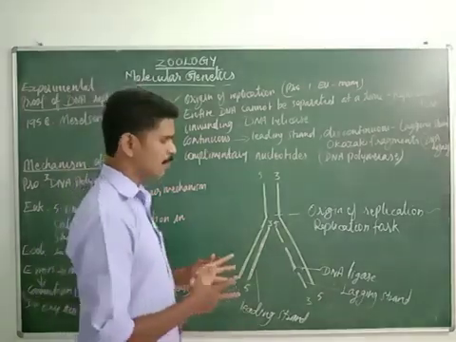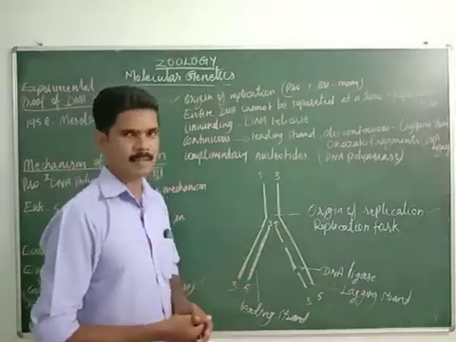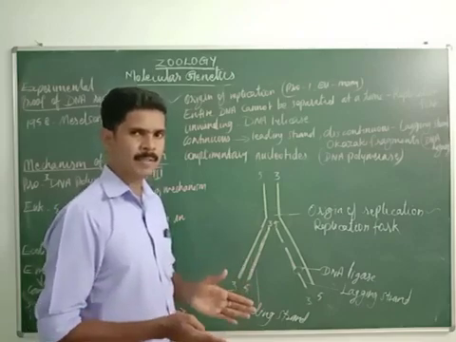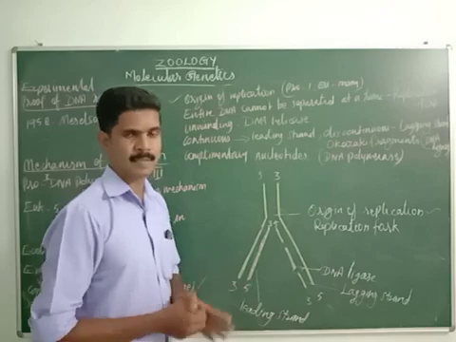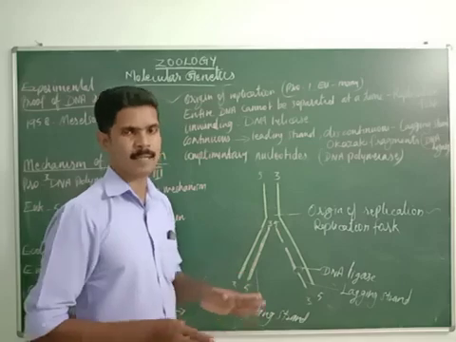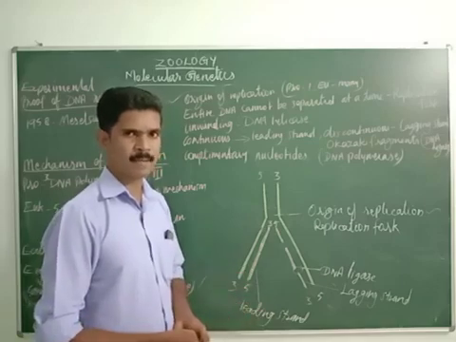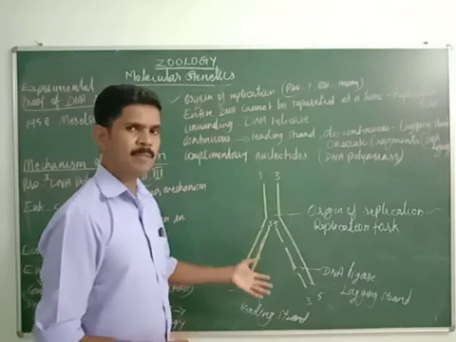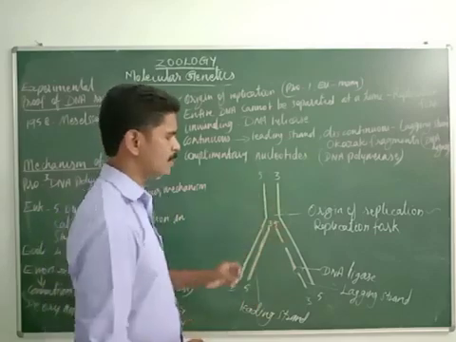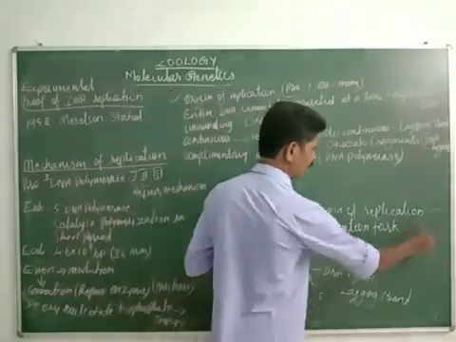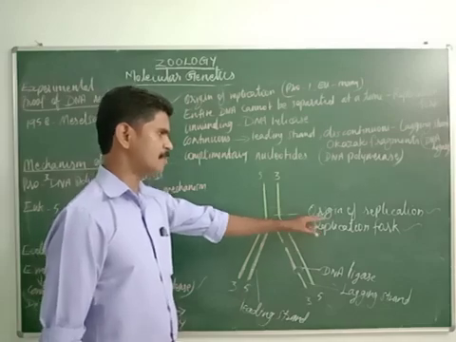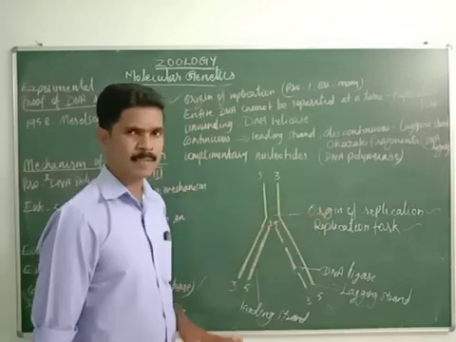The DNA molecule is a spring-shaped structure, so the entire DNA molecule cannot be separated at a time, or simultaneously, for the replication process. The replication process occurs in a small opening. That opening is called the replication fork, and this replication fork is present in the origin of replication site.